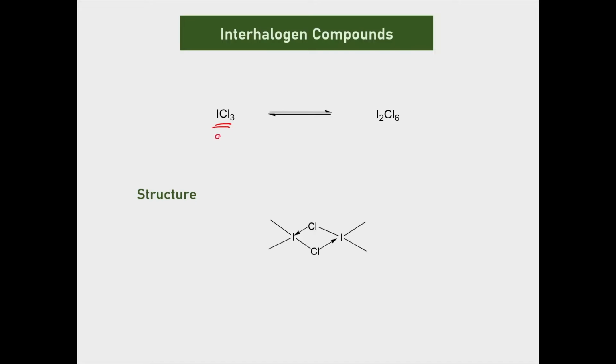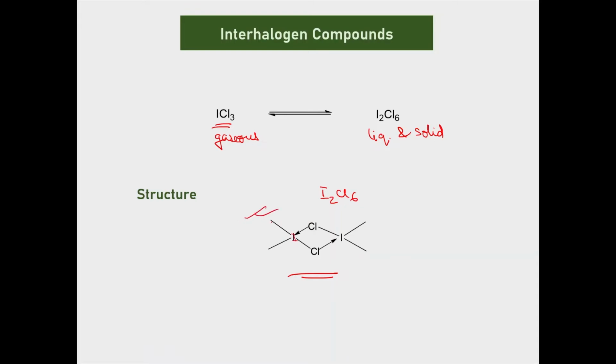Only in gaseous form can we see it existing as ICl3, but in both liquid and solid state, ICl3 forms a dimer like this and it exists as I2Cl6. So I2Cl6 is a dimer and this is its structure.